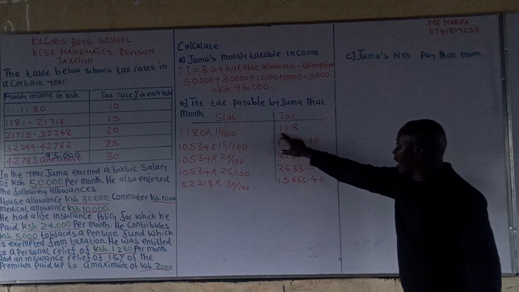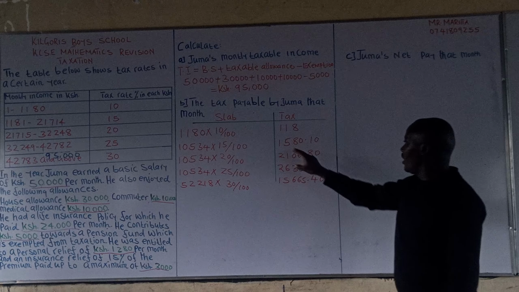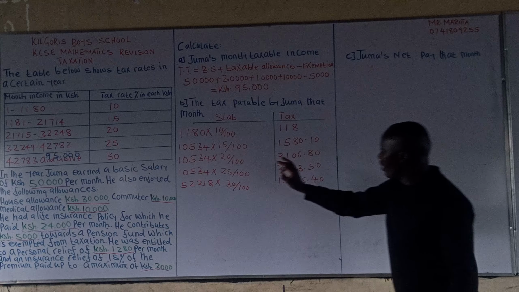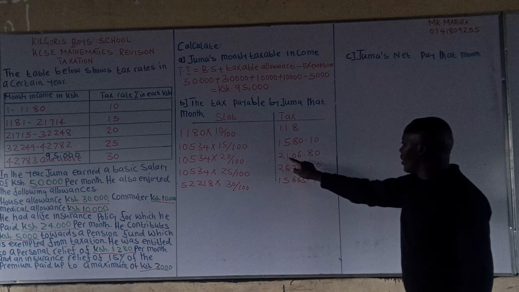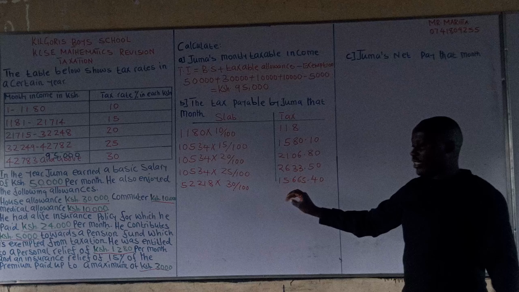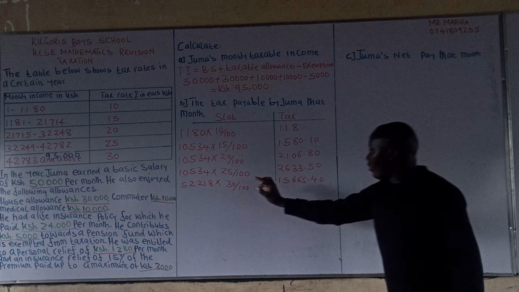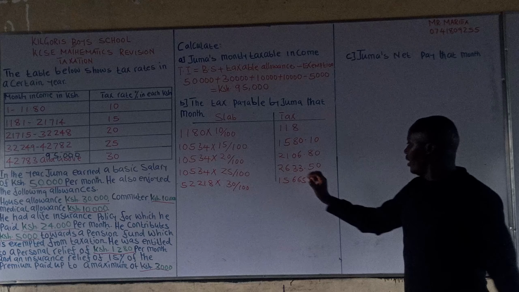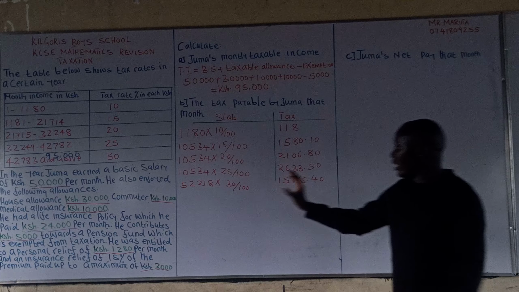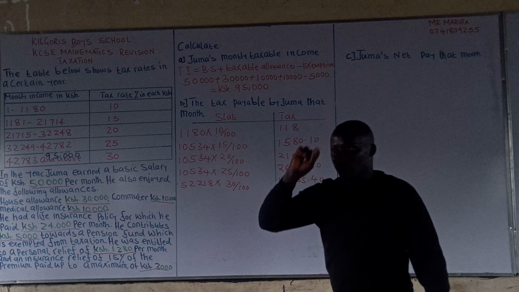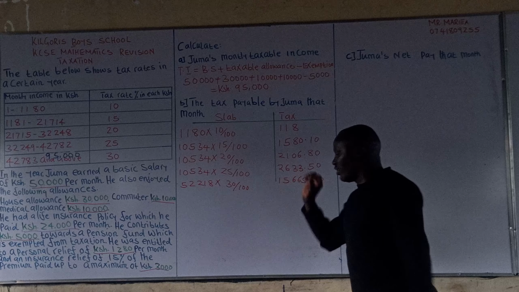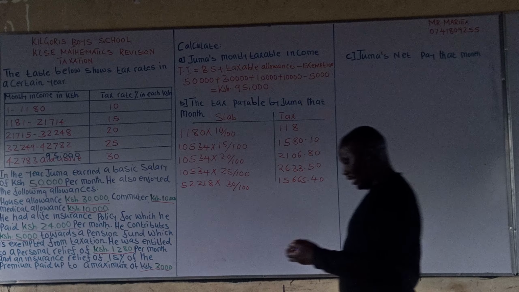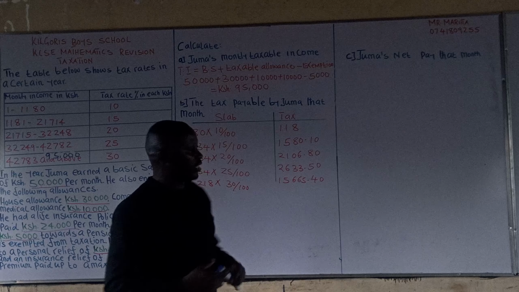So up to that point, this is the tax being paid in each slab. At 10%, you get 118. Then 15%, we have 1,580 and 10 cents. Then 20%, we have 2,106 and 80 cents. Then 25%, it is 2,633 and 50 cents. And finally at the rate of 30%, the tax is 15,665 and 40 cents. So in this case now, you will need a total tax.